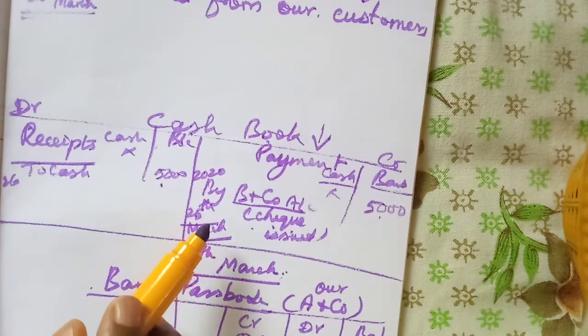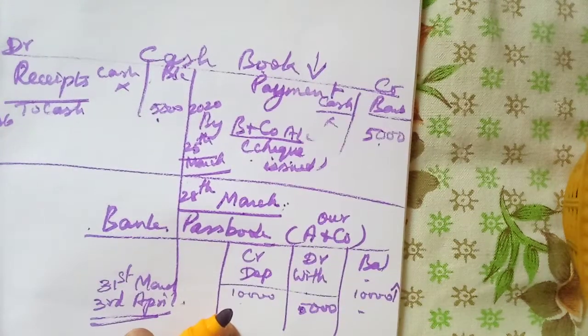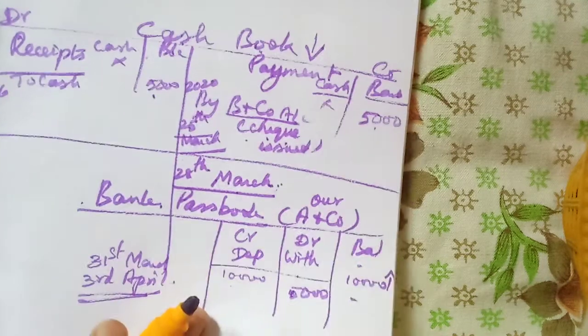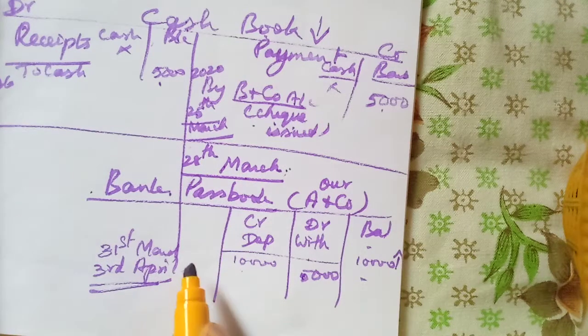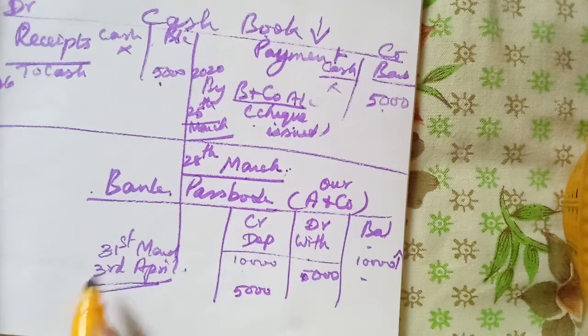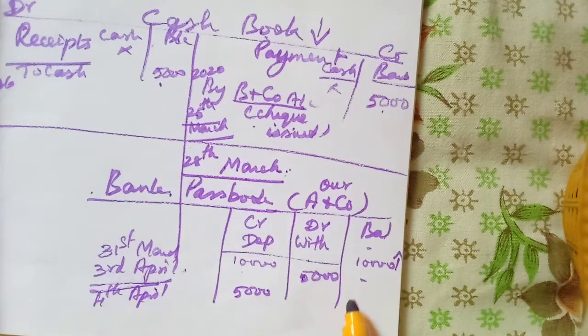These checks will go to our customers' bank. If there is enough amount in our customers' account, they will honor that check. That is called check honor. So when they receive that amount in our account, they will credit 5,000. It will take some time, maybe 4th April, only then the amount comes. So they will credit. Here again 5,000, it will become 10,000. Deposit they will add. Here withdrawal again 5,000, only that balance will be there.